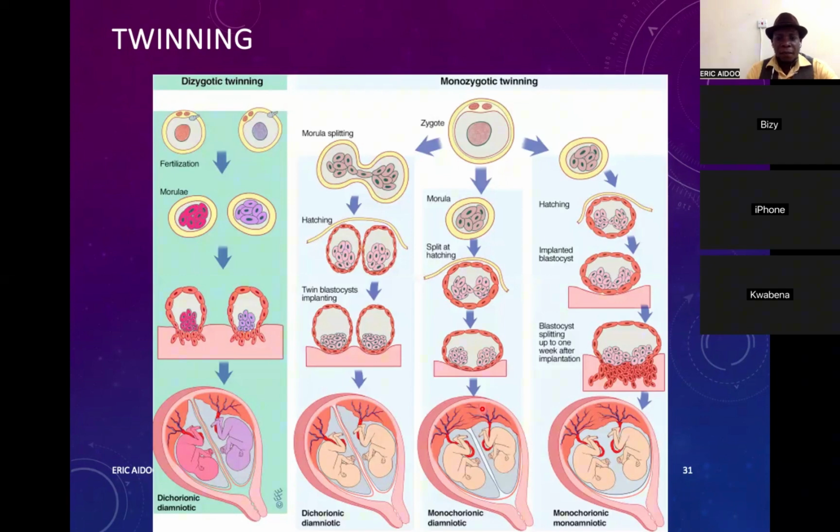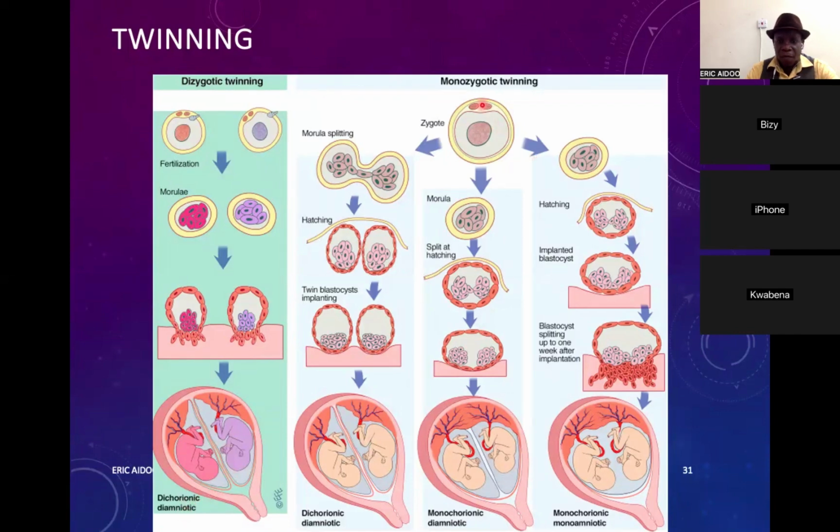So this is another diagram that also explains it further. So for the dizygotic, you have two separate eggs, two different sperms, and then two individuals developing, two implantations occurring. So you have dichorionic, diamniotic.